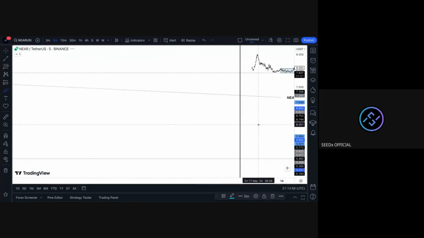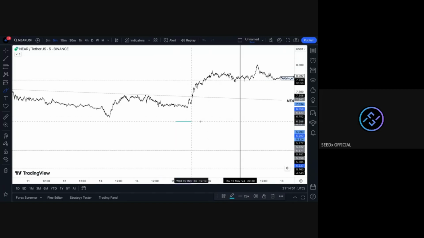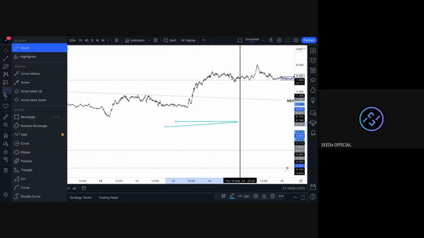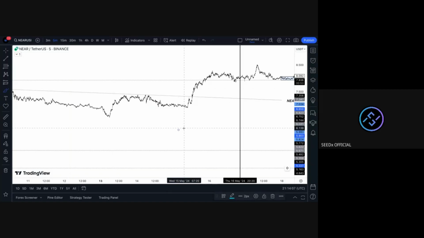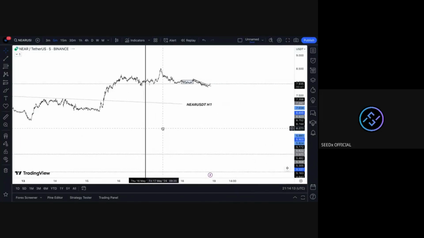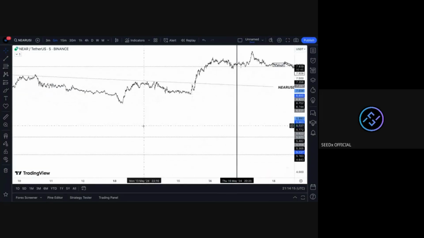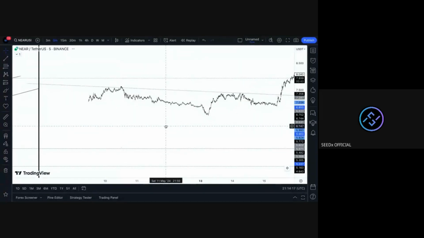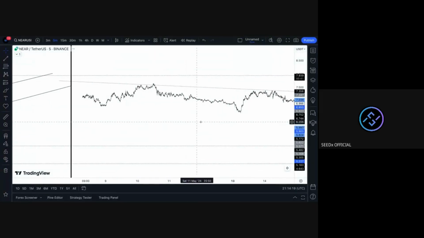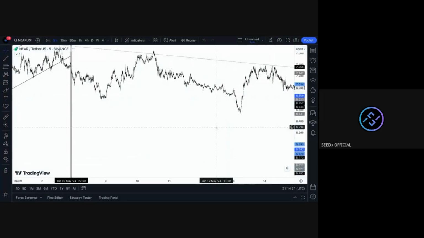If you notice, I put a boundary where the uptrend was. So I'm going to be trading around that area.